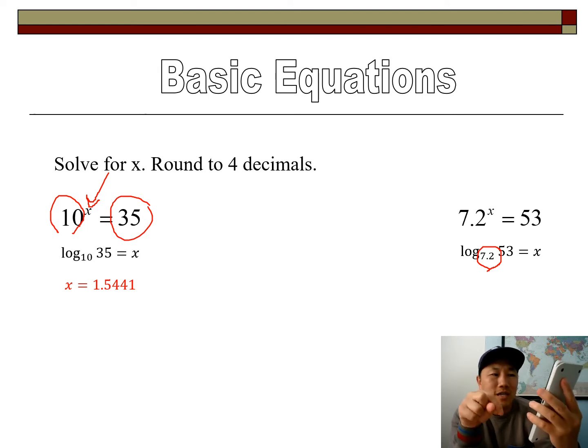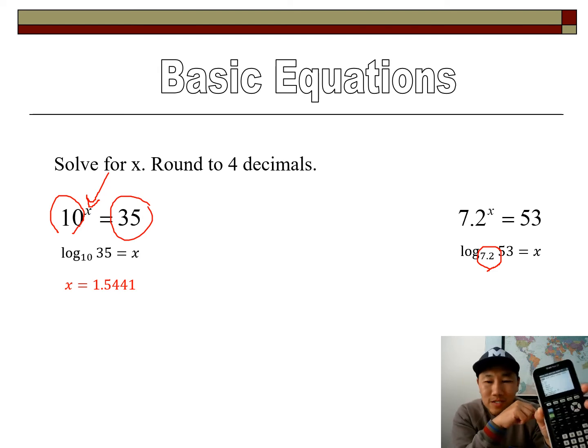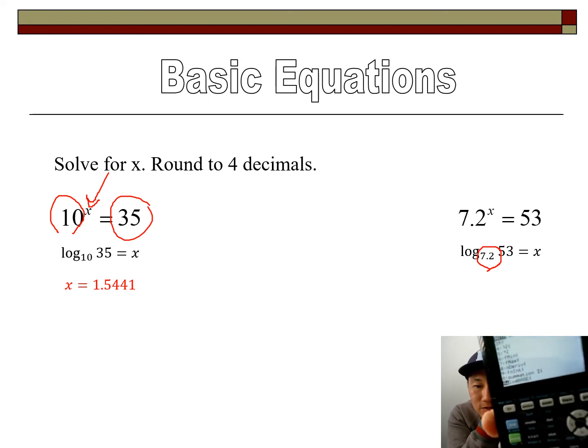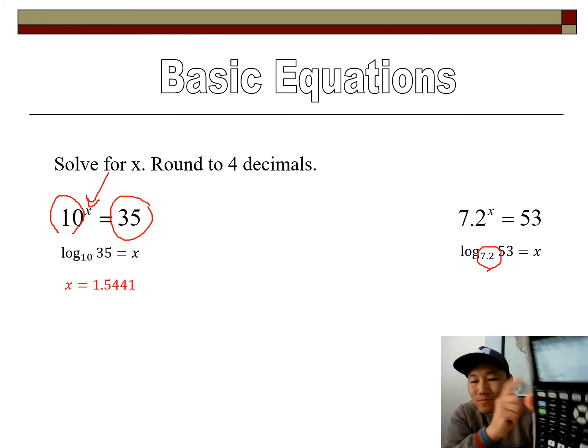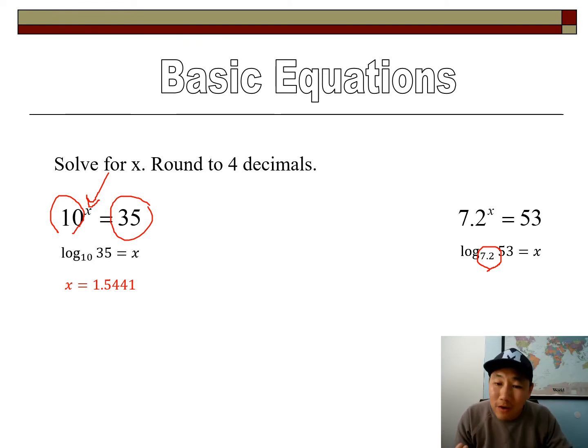If you scroll down quite a bit, you'll see something that says log base. I don't know if you can see it on my calculator, but it's that last option right there. Okay, if you have a newer calculator, you can use log base and the calculator will do a different log that's not base 10. If you don't have a newer calculator, you can do the change of base formula.